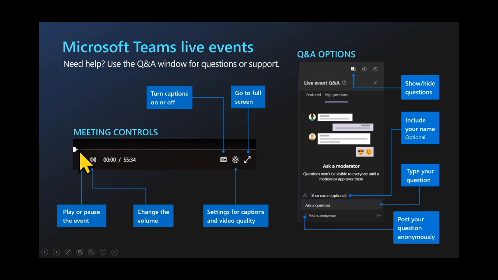You also have the slider in the bar above, so you can drag that back to rewatch a portion of the session if that is useful for you. Of course, you have the audio control, so you can make sure you hear us nice and clearly, but Teams does also use your device's audio settings, so you can manage it from there.